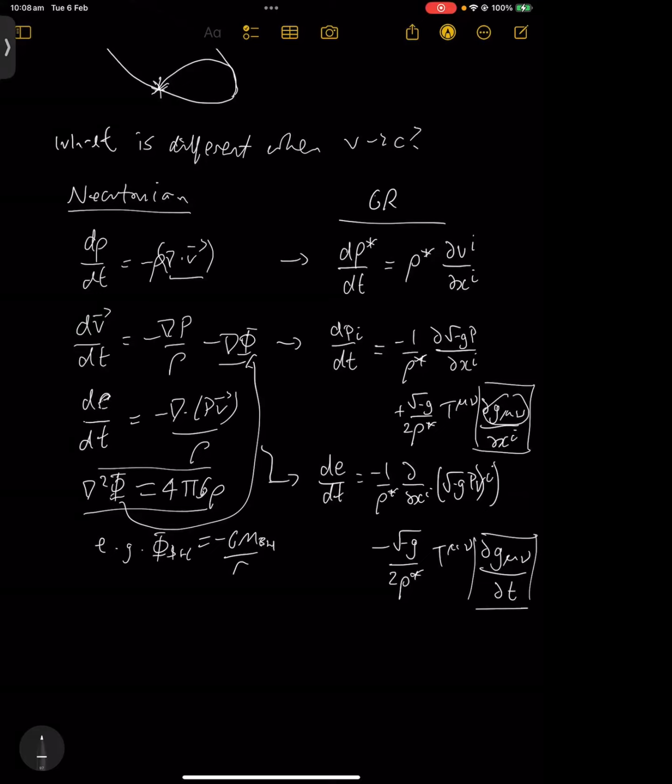Okay, so again, sort of audience question. Is anyone in the chat? If anyone can put anything in the chat as audience response. So what do we do to replace the Poisson equation in GR? So what does this become?